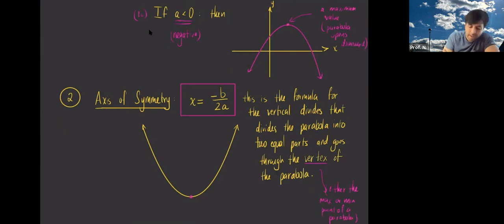And what do I have? I have a vertical line I'm going to create as a dashed line. So this here would represent the axis of symmetry. And this is my vertex.